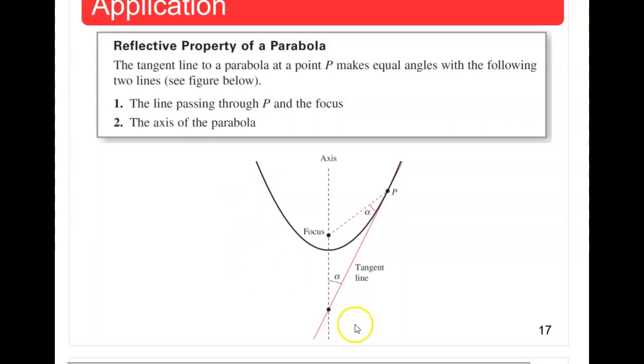So we have a better drawing here, as you can see. So here is the point, and the line that I'm about to highlight, that is the tangent line.